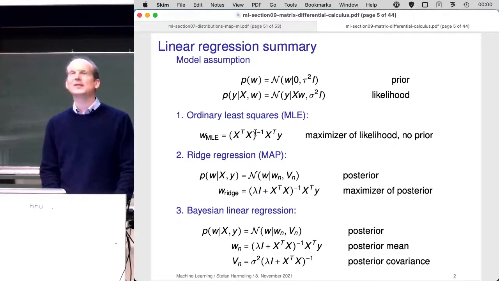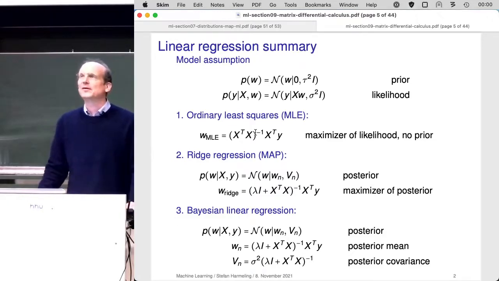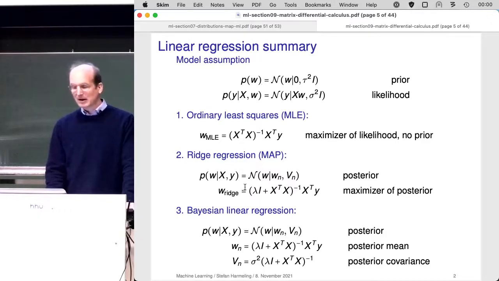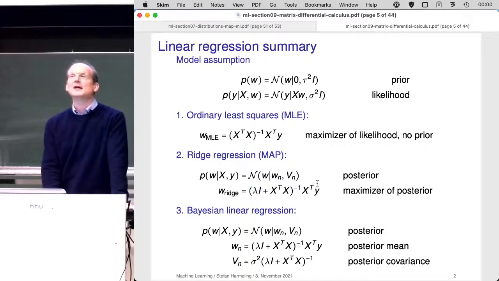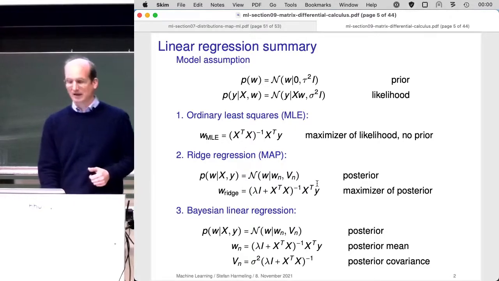However, X transpose X is sometimes very badly behaved. In other words, some eigenvalues might be really small, so you don't want to invert that matrix. So we add something on the diagonal. However, if we write it down like this with the prior on W, we can also derive this regularization just by doing Bayesian inference, which is quite nice, because it gives us an interpretation of what we are really doing.